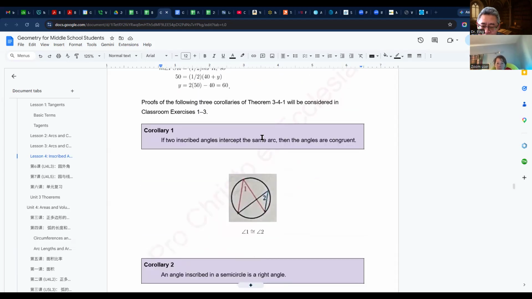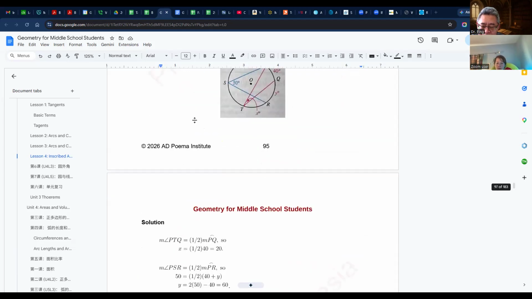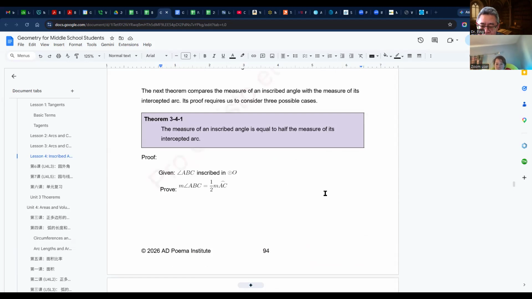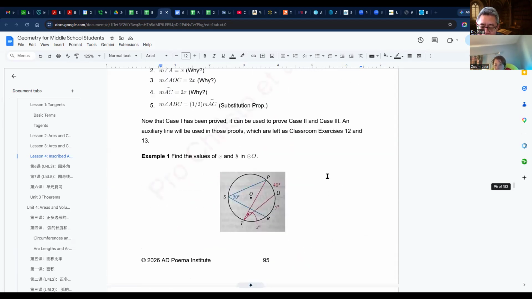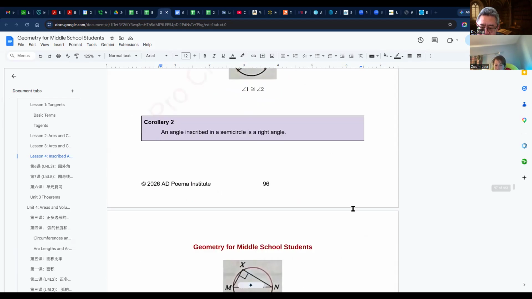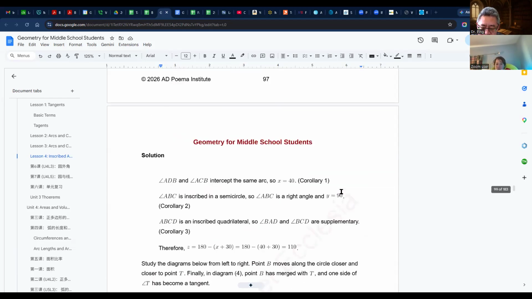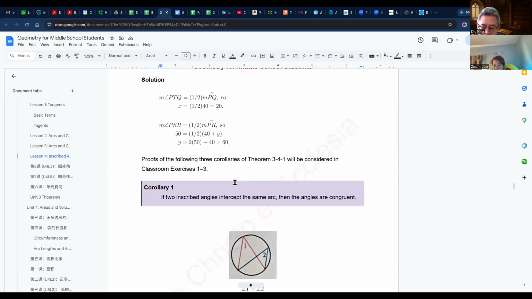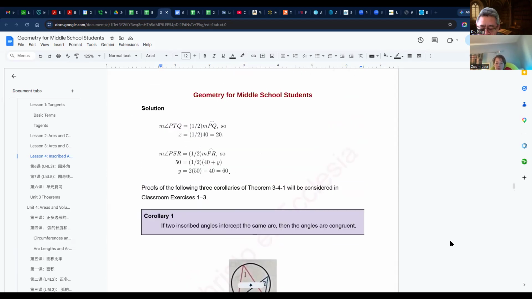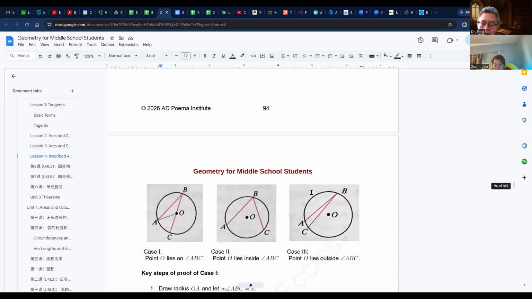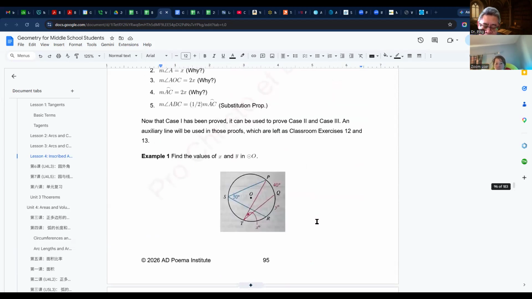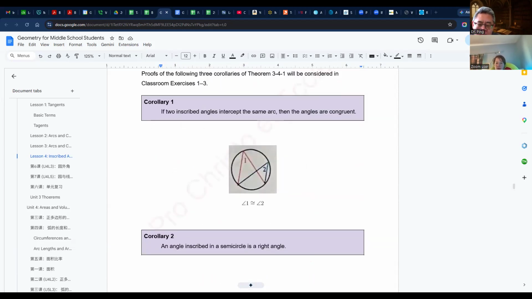Now, based on our theorem 3-4-1, we have three corollaries. A corollary is just a simple theorem based on another theorem. The first one says if two inscribed angles intercept the same arc, the angles are congruent.